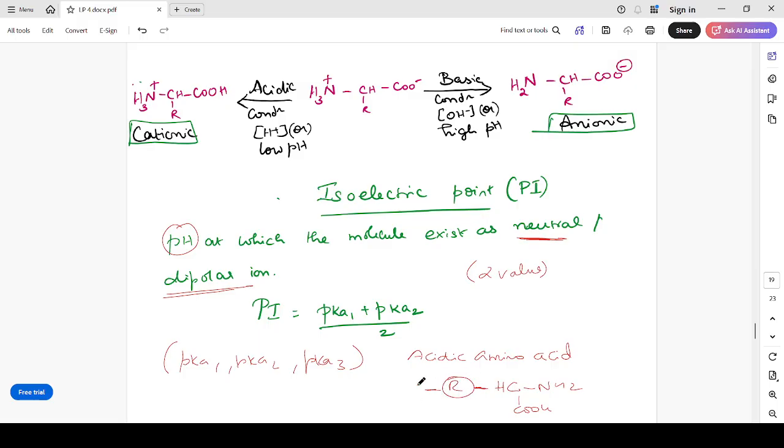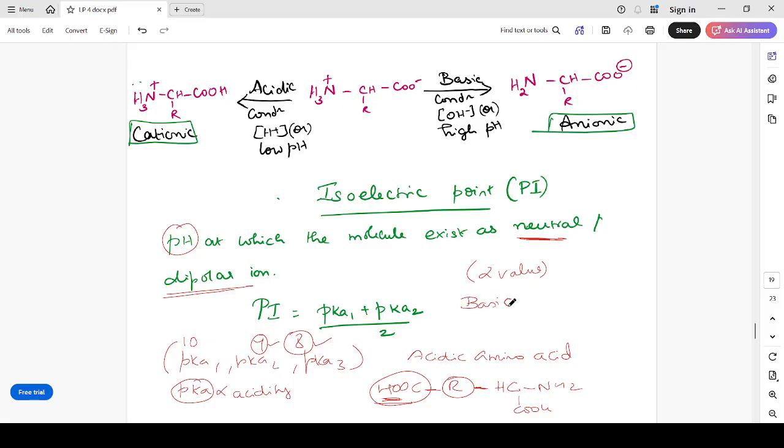If in this R COOH is still available, then I call this acidic amino acid. We know pKa is inversely proportional to acidity. So in the case of acidic amino acid, lower pKa values should be taken. Consider I am having 10, 7, 8. Among them, these two are lower. So use these values to take the average.